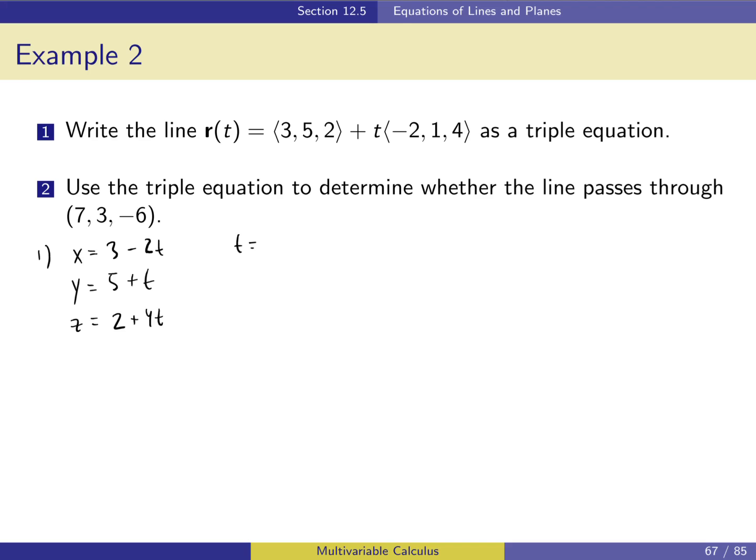We get t equals x minus 3 over negative 2. We'd get t equals y minus 5 over 1, and we get t equals z minus 2 over 4, and we'd set these all equal to each other. And so we'd get x minus 3 over negative 2 equals y minus 5 equals z minus 2 over 4.